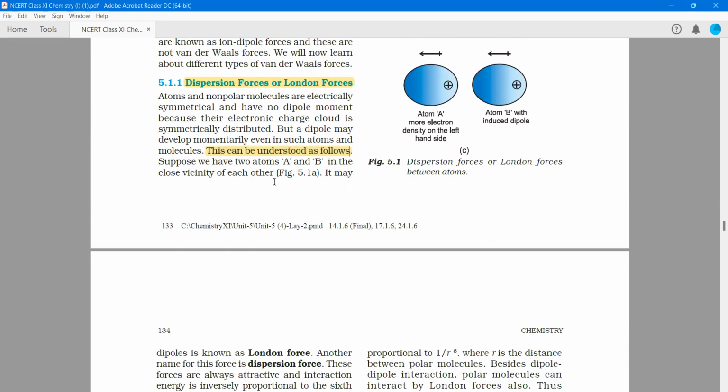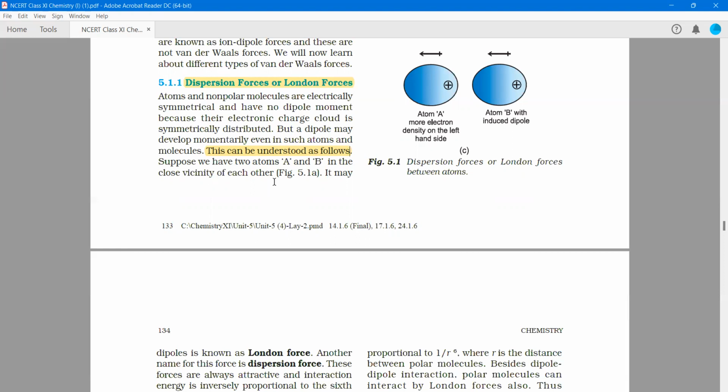Van der Waals forces are only attractive forces, so we are dealing with all the attractive forces that exist between atoms and molecules. In order to have any kind of force, you need to have some momentary dipole.